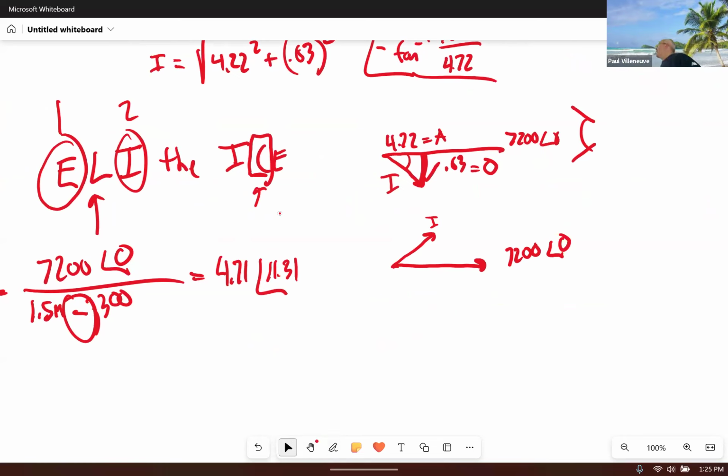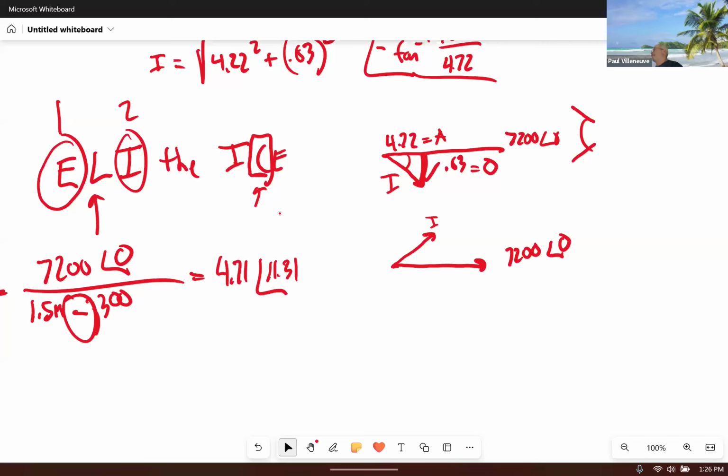In an ICE circuit, which is more capacitive than inductive, the capacitance dominates. Is my diagram showing my V and my I consistent with what ICE tells me it should be? Yes, the current leads the voltage. If I rotate in a counterclockwise direction, I see I before I see E. So that checks out with ICE.